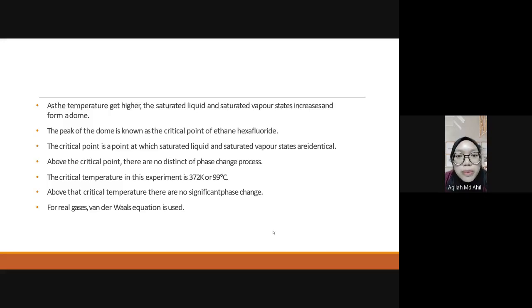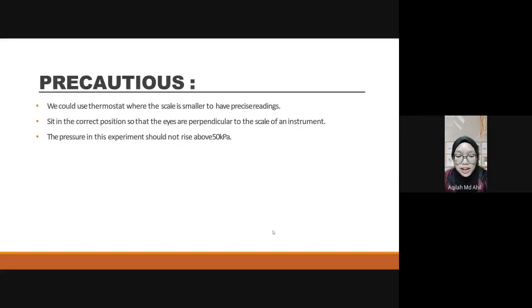Above the critical point, there is no distinct phase change process. The critical temperature in this experiment is 372 Kelvin or 99 degrees Celsius, and the critical pressure is 49.5 bar. In this experiment, we use the van der Waals equation to obtain the van der Waals constants.